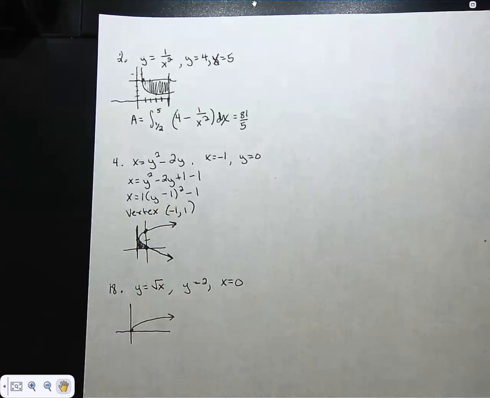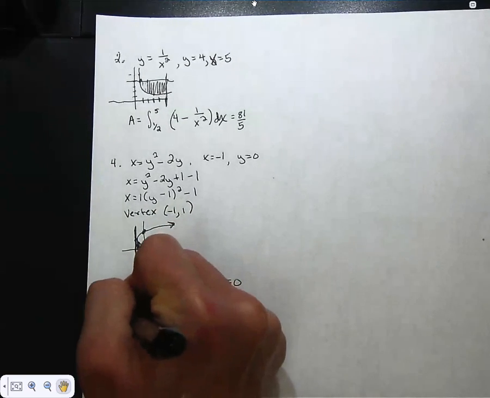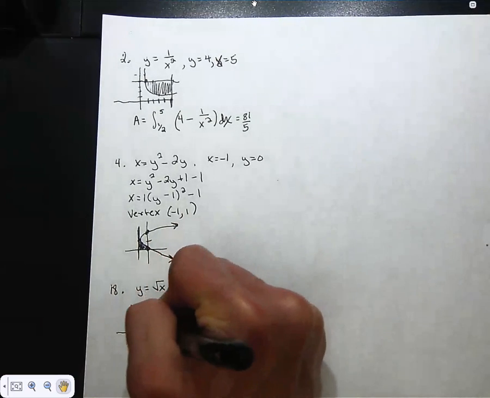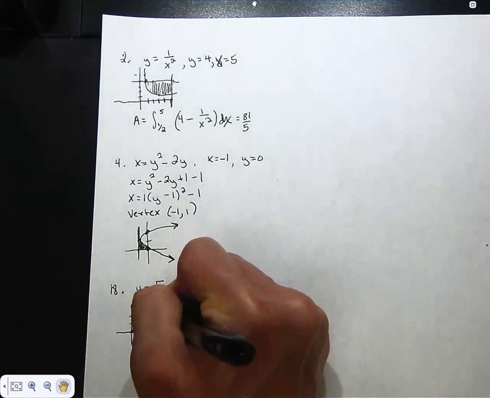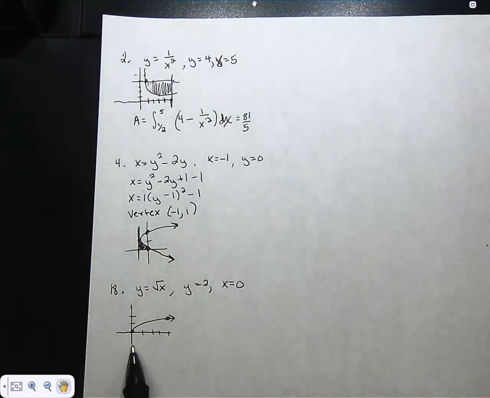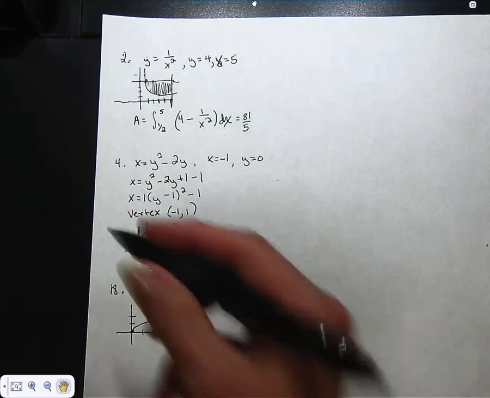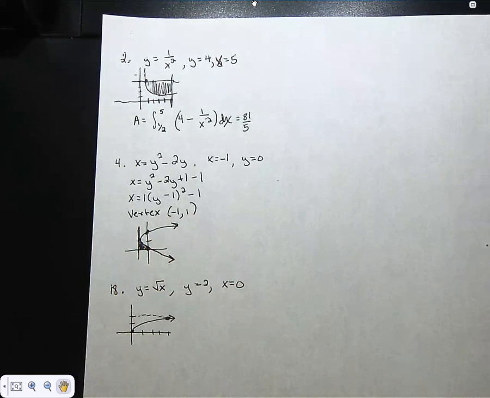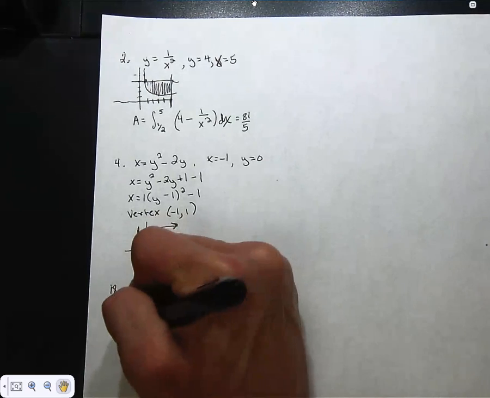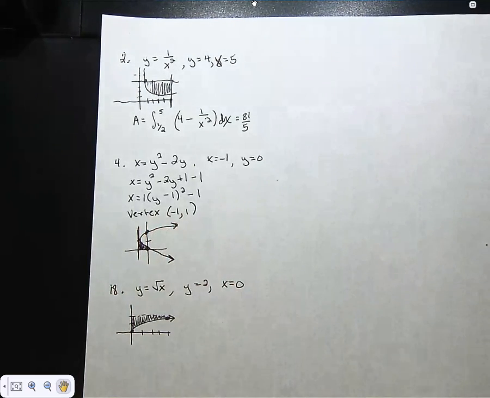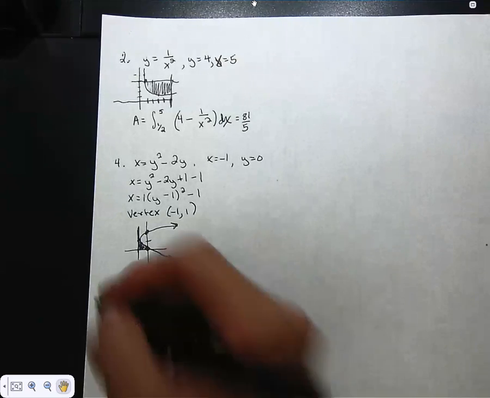And y equals 2 would be when x equals 4. And then x equals 0 is the y-axis. So I want it bounded by this piece of parabola, the line y equals 2, and the y-axis would be right there. Did you have the right part of that? Okay, good.